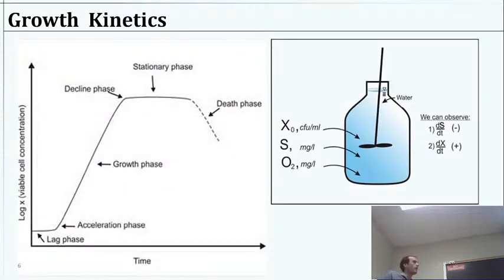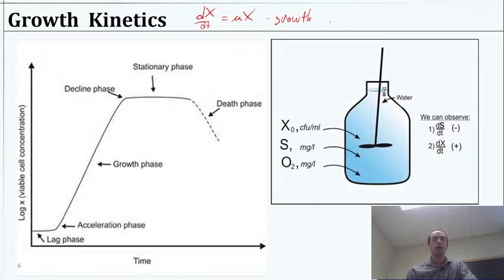Okay, so if we put this in a bottle and watch what happens, it turns out there's more than just growth that's important. We are also going to have death of microbes, and we're also going to have the consumption of substrate. So we're going to have growth, of course, dX/dt as growth, that's mu X. We'll just say that's growth.